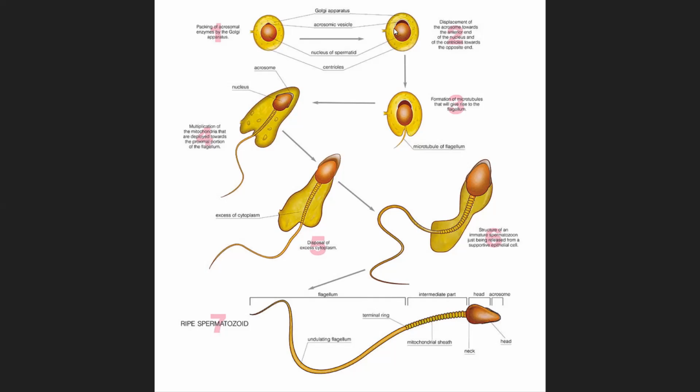And secondly, you can see that the change that is happening is the formation of microtubules, which are giving rise to a flagellum here. You can see that the flagellum has developed, and there is multiplication of the mitochondria.